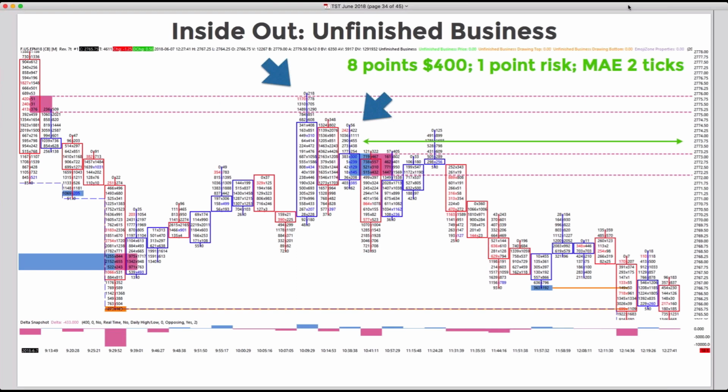What we can see when we traded back into that zone at 10:09, we had a selling imbalance at 1,170 contracts just within that zone. That would have been quite an aggressive entry. So as well as having a bias, in order for us to have a good trade, we've got this bias, we've got the target, the unfinished business. We're then really looking for a price area where we could make our entry, but we're also looking for a trigger.